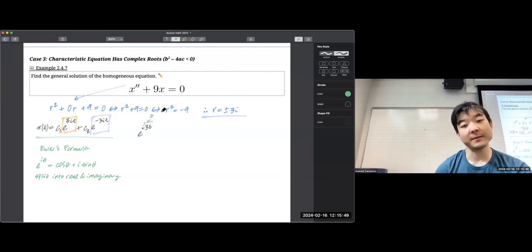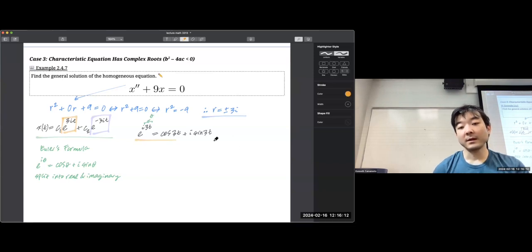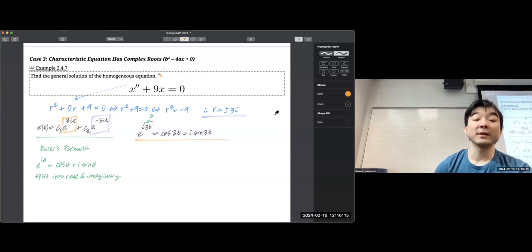This is like our theta. So if we write it in the same form, then 3t is like our theta. And so when you use this formula to extract the real and imaginary parts, this will become cosine of 3t plus i sine of 3t. And so we've taken this and successfully written it in trig form, where the real and imaginary parts are separated.